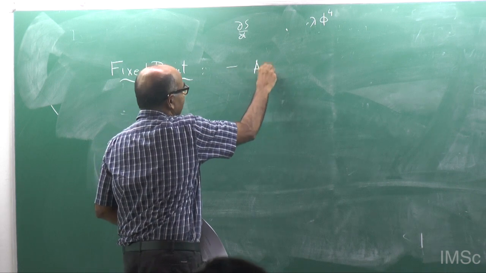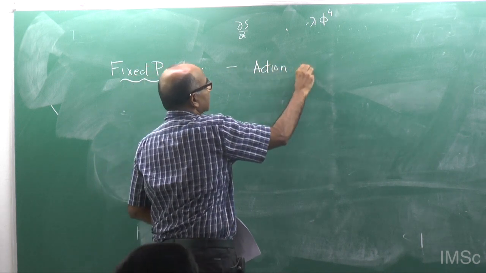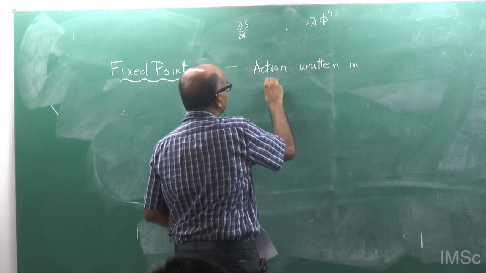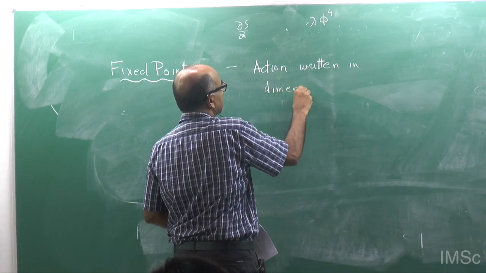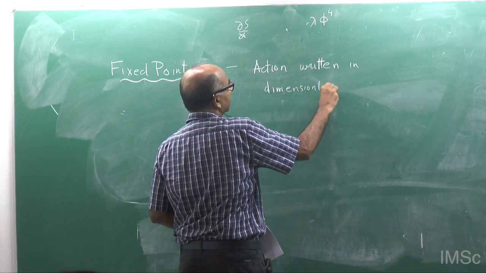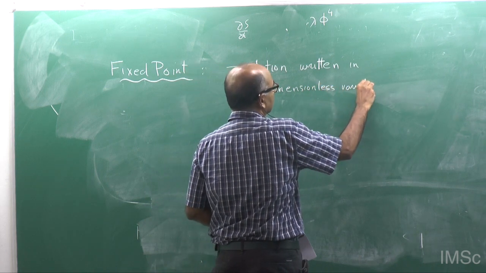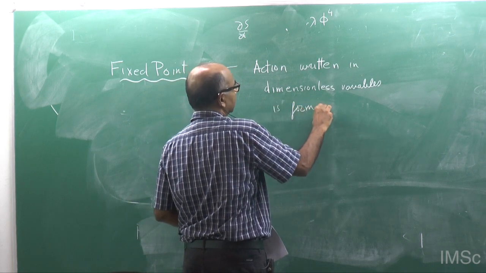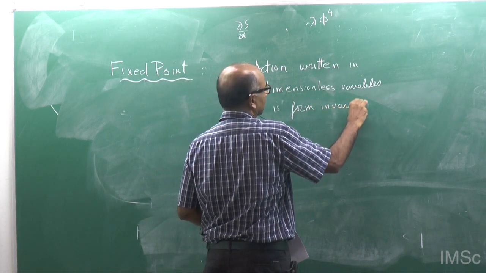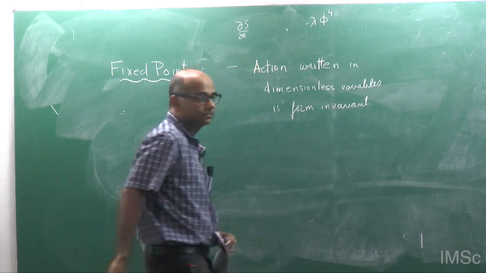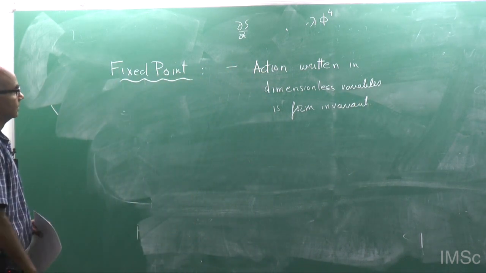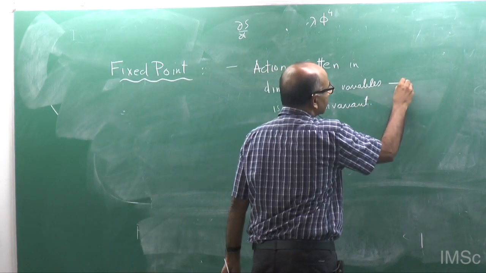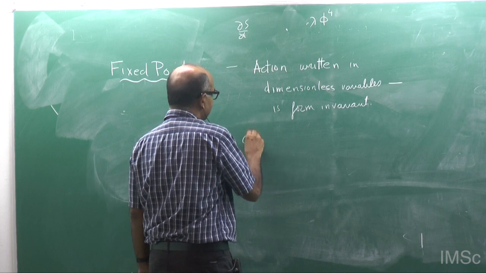So the action written in dimensionless variables is form invariant. Okay. So what does it mean in dimensionless variables? Dimensionless variables means what?